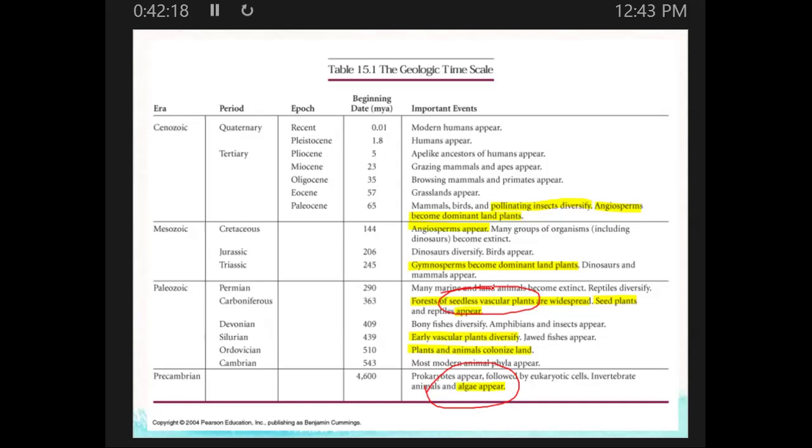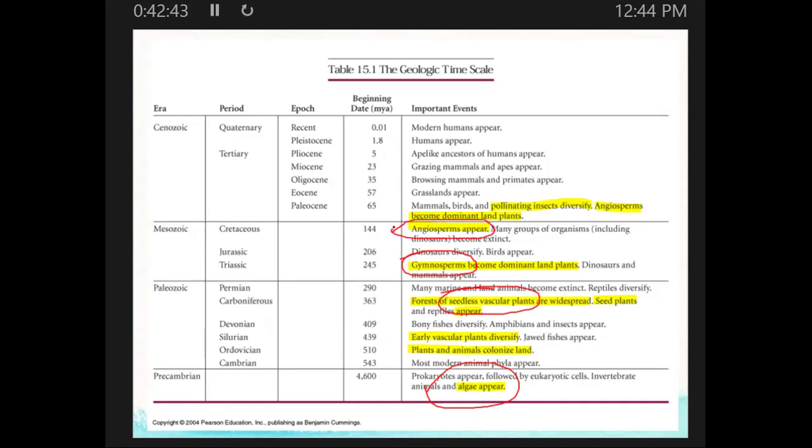And then you start to see the gymnosperms popping up during the Triassic. By the time of the Triassic and Jurassic, we had a lot of seedless vascular plants, and then the gymnosperms start popping up. And then you see it's not until the Cretaceous that you have the angiosperms.